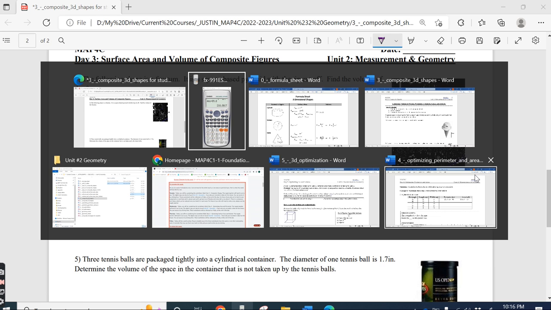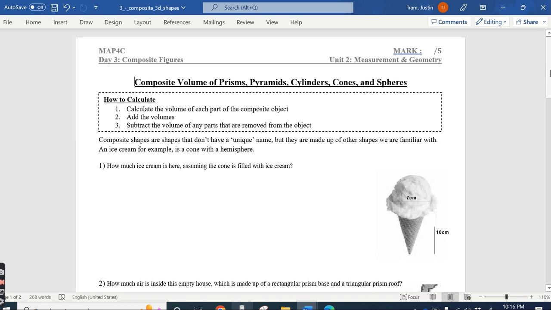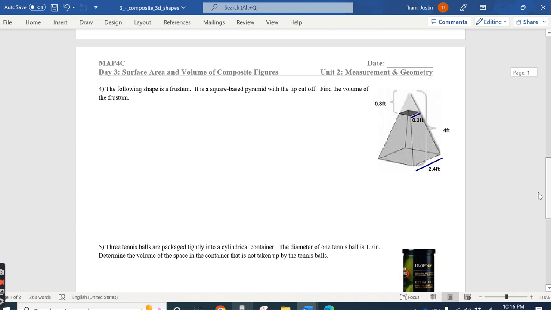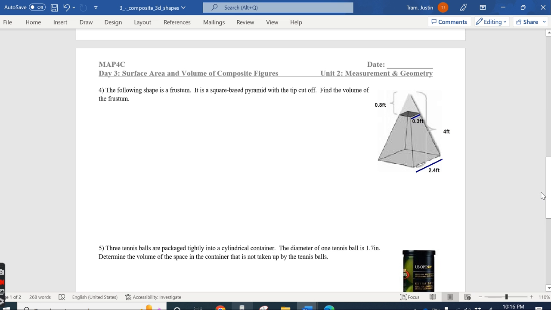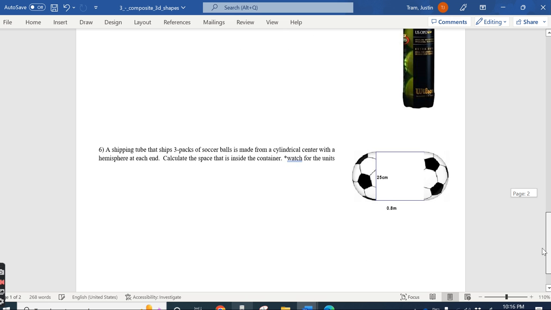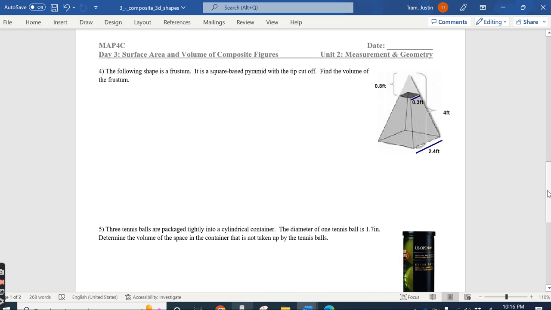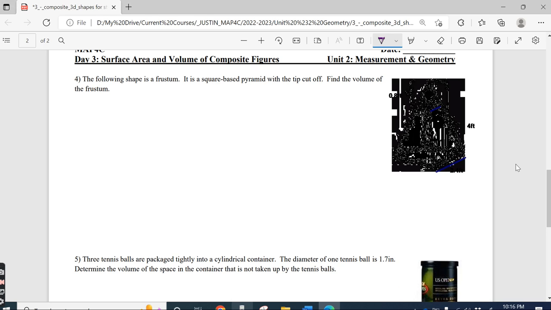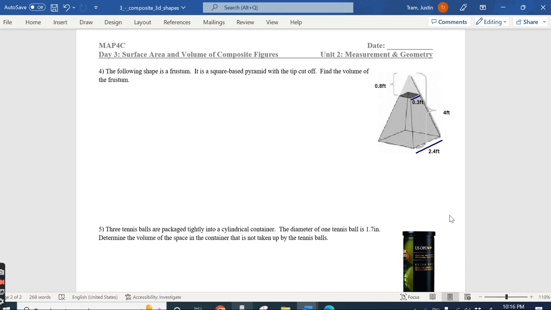So give me 1 second to check number 4. Oh, why did it show up like that? Looks fine here. So I am hoping that it looks normal on yours. I don't know why it turned out like this on my PDF, but I'm hoping that the printout you have is fine. And if you don't, use this picture as your reference for number 4.